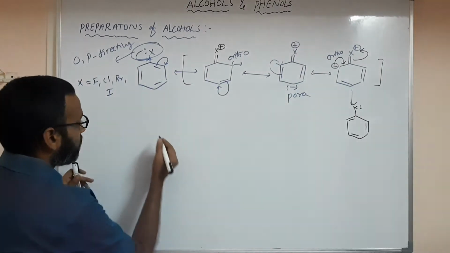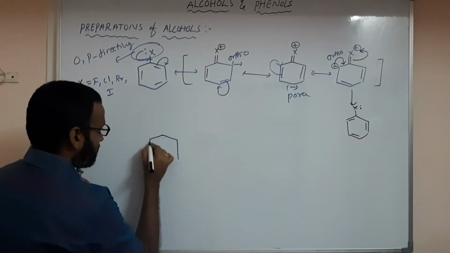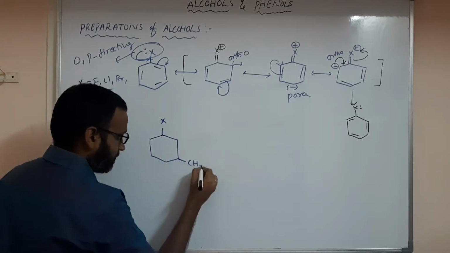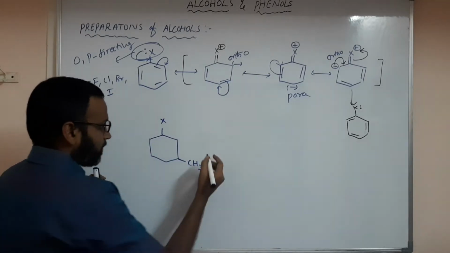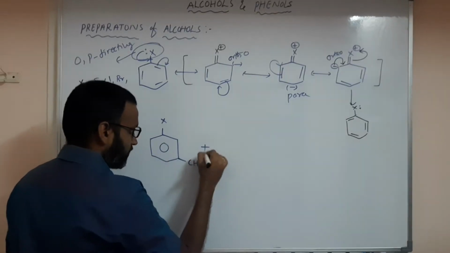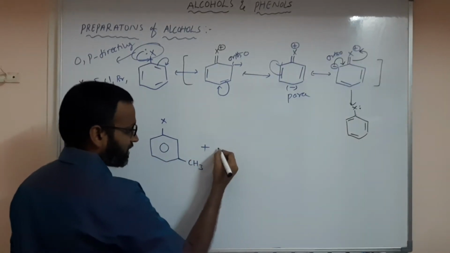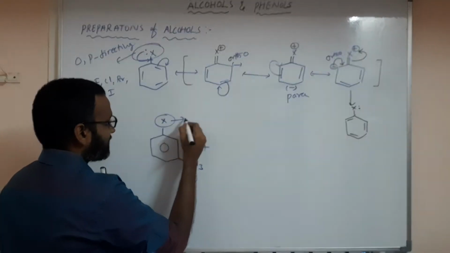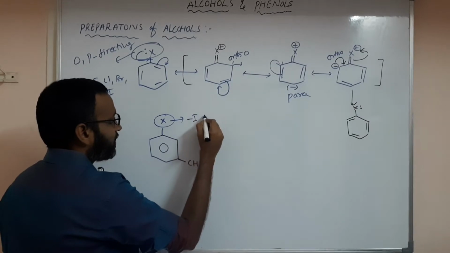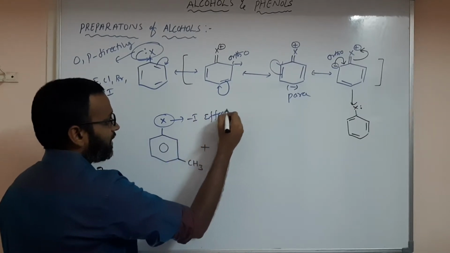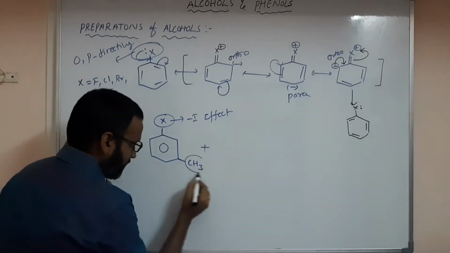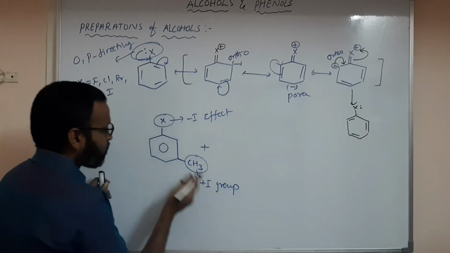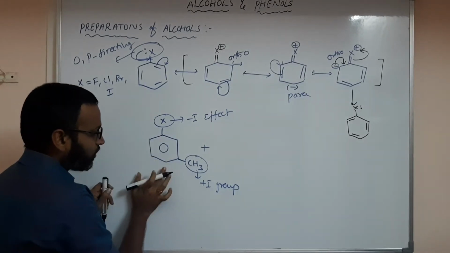That is the only reason. Suppose here you have X and here you have some methyl. Suppose I am doing a further electrophilic substitution reaction. This X has a minus I effect, but this methyl group is a plus I group. Actually both are electron donating groups to benzene.